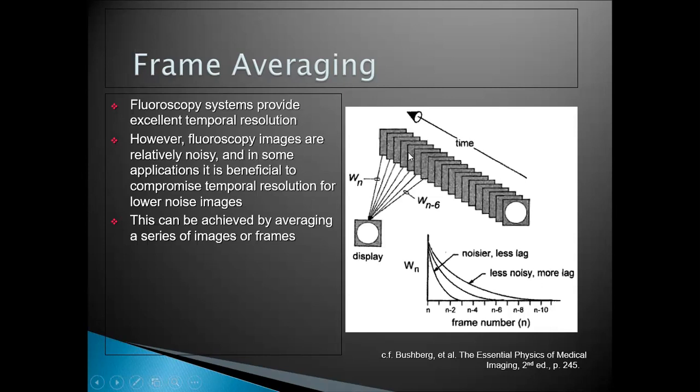So instead of using only this one, the machine uses a number of frames, and at the end we average the information in this frame. So that's just the name, frame averaging. Instead of using one particular frame or just two frames to get the information we need, we average a much larger number of frames.